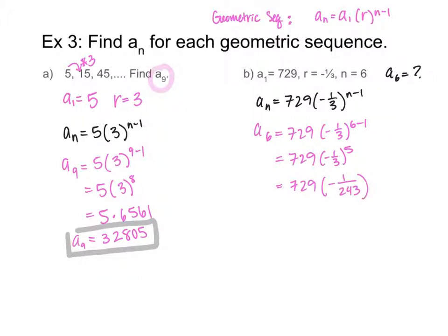When you take this guy here and raise it to the 5th power, you get this amount. Then if I multiply this fraction by 729, I get negative 3 here. So A6 is negative 3, or the 6th term here is negative 3.